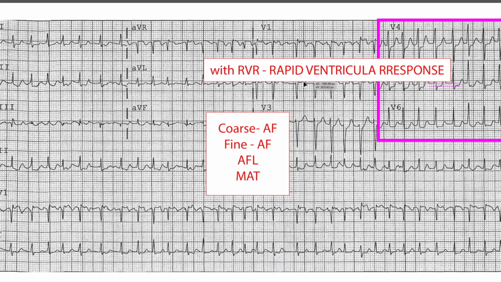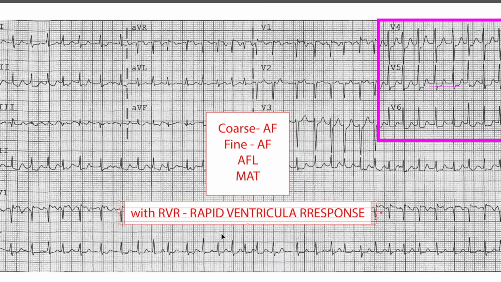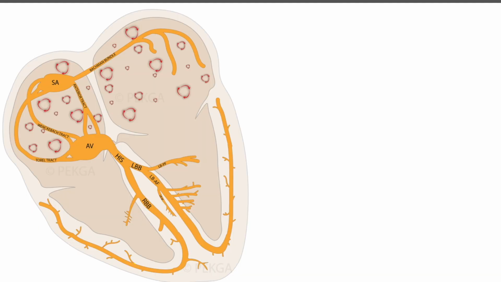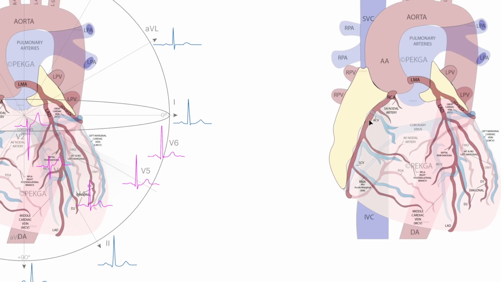Now here's the important thing. Obviously, from the rate the person is going to know, but add this with RVR, which stands for rapid ventricular response. This means that the AV node is not slowing down the signal. So the AV node is not slowing this down at all. There could be something wrong with the AV node, which then starts begging the question, right?